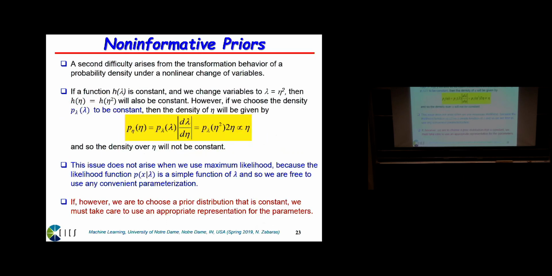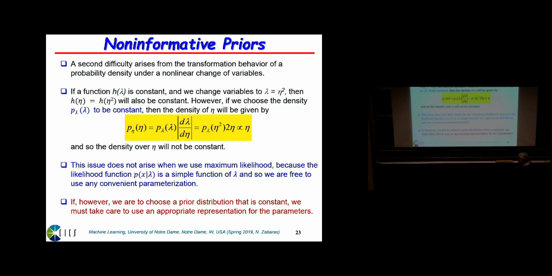Okay? So one thing you need to be concerned about when you use uninformative priors is the parameterization of these prior distributions. If you assume, let's say, that the prior on some parameter lambda is uniform, and you change the parameterization, and from lambda you go to a parameter eta, the distribution on eta is no longer uniform.